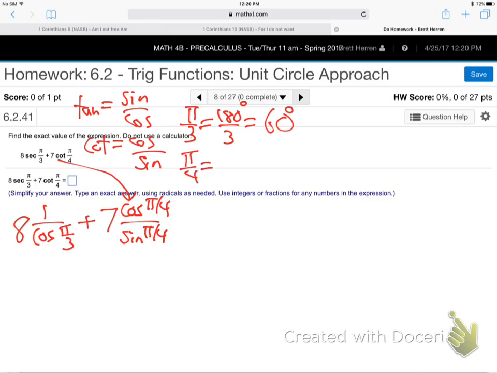And then pi over 4, 180 over 4. When you divide something by 4, that's dividing it by 2 twice, isn't it? So take 180, cut it in half. What do you got? We'll do this without any calculator. 180, cut it in half. 90. Cut it in half again. 45.